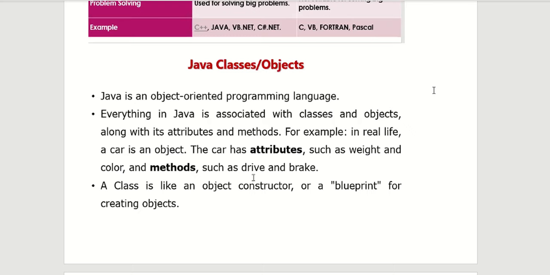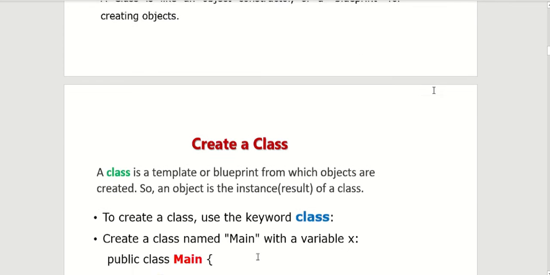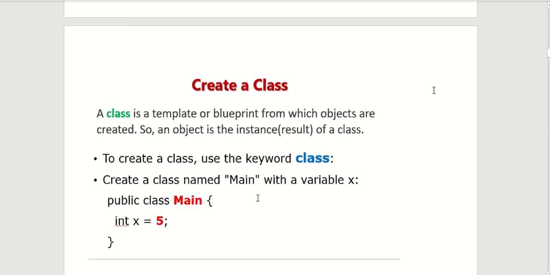A class is like an object constructor or a blueprint for creating objects, like the drawing of a car. A class is a template or a blueprint from which objects are created. So an object is an instance of a class.